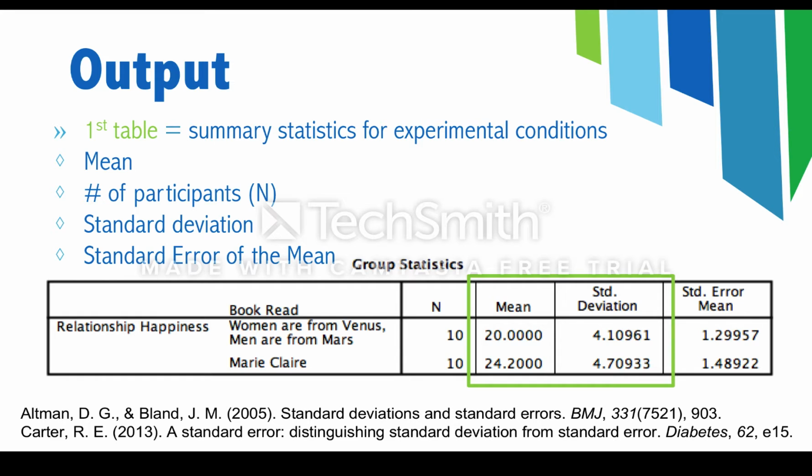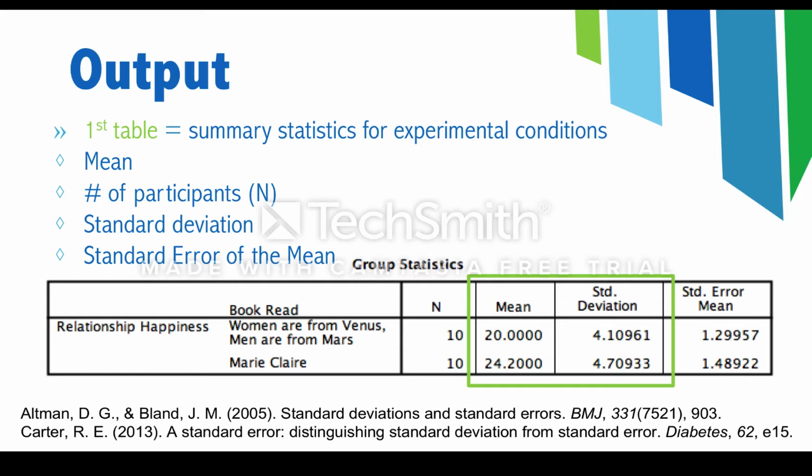So in this example, you can see that the group sizes are equal with 10 participants in each group. The reported relationship happiness score after reading Marie Claire was higher than after reading Women Are from Venus and Men Are from Mars.